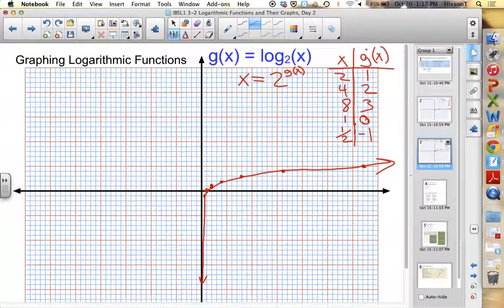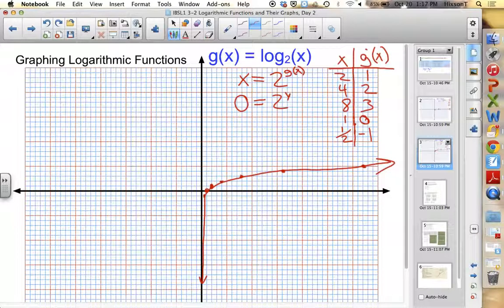Is there any way to algebraically figure out what your interval will be, or do you just have to plug in? Well, algebraically, you'd be solving this equation: 0 equals 2 to the y power. 2 to what power will give you 0? Nothing. So there is a little bit of logic.